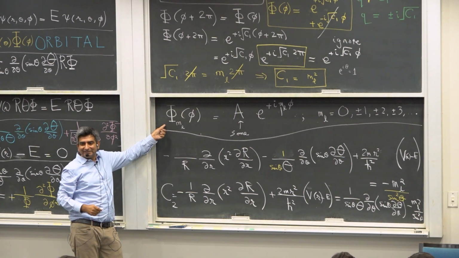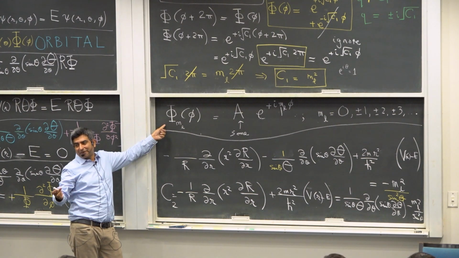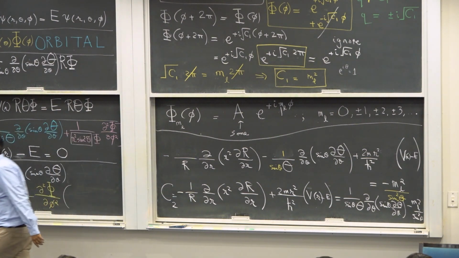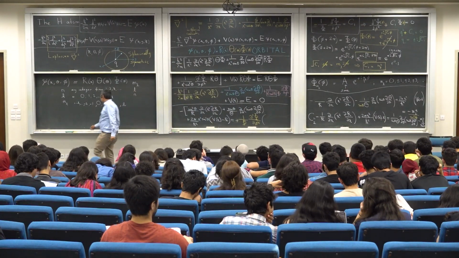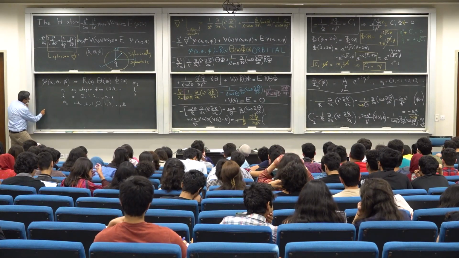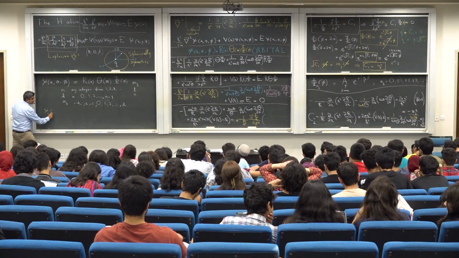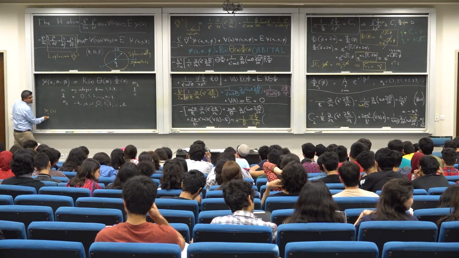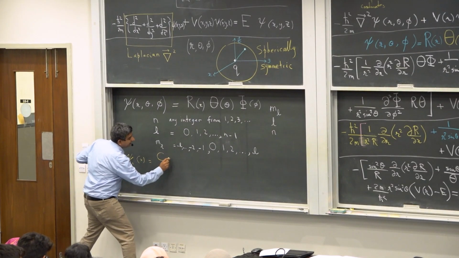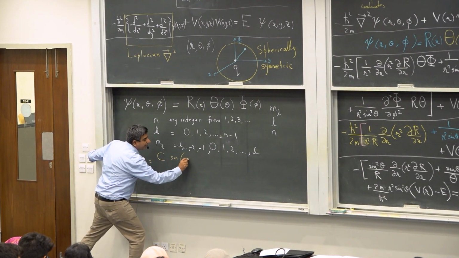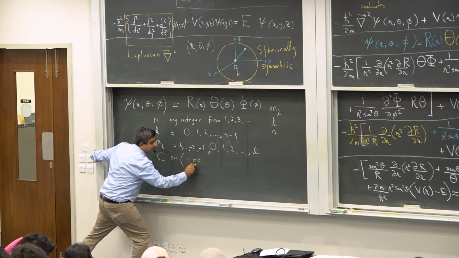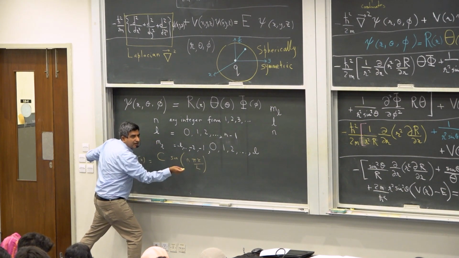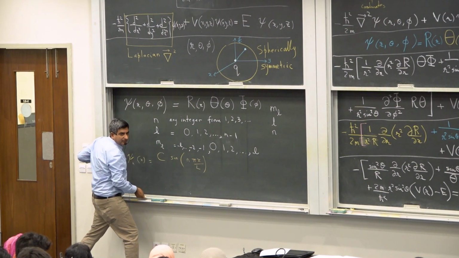Alright? Just as for an infinite well, the wave functions were characterized by n. For an infinite well in 1D, psi n x is really c times sine of n pi x over L. N is an integer starting from 1 all the way up to infinity.